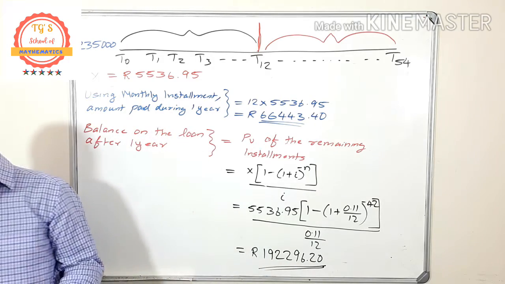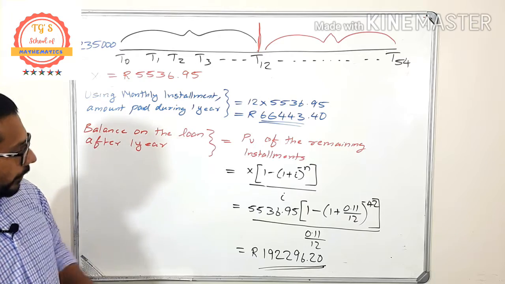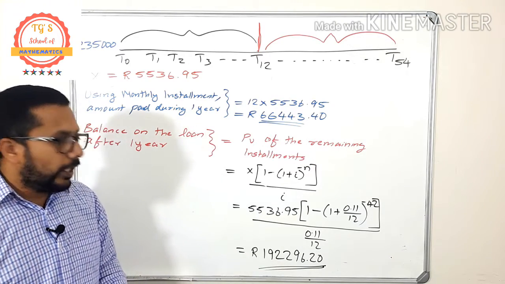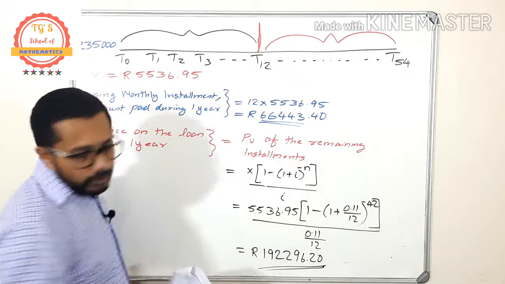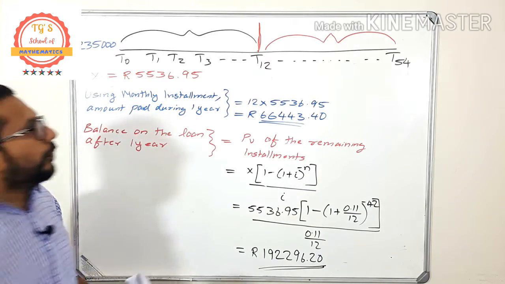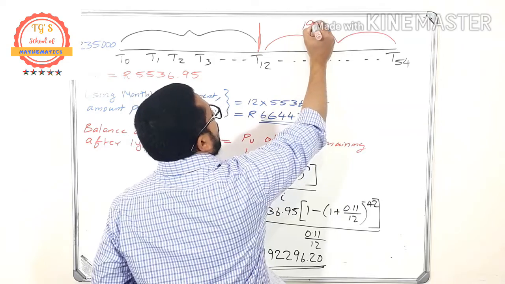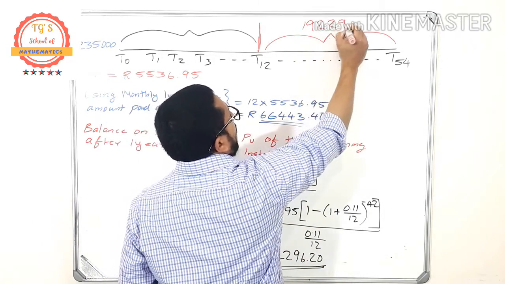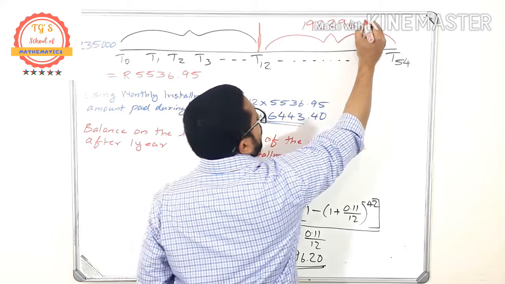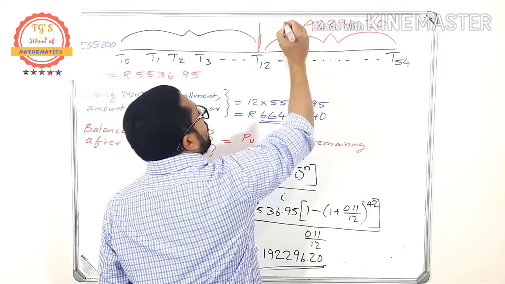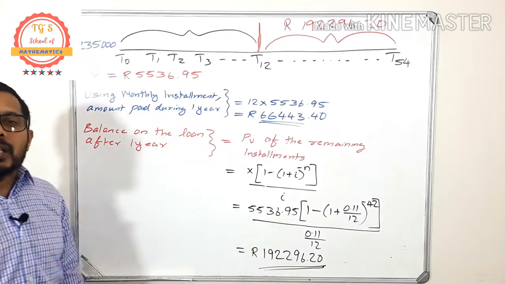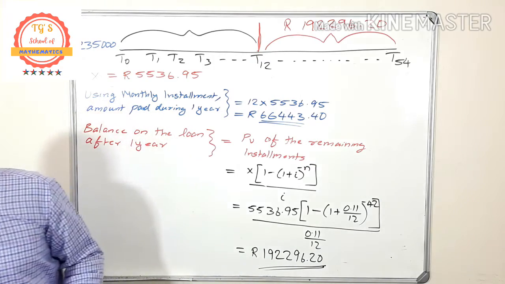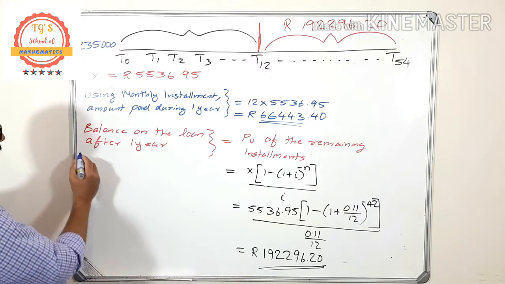Now, what is that one? 192,296. So it means that for the remaining years the balance amount is 192,296.20. That is the balance amount after 1 year. Now listen once more.